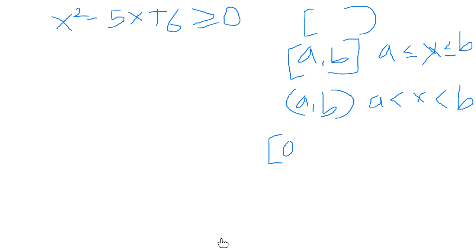And you can have one like this: A is closed and B is open. So x will be greater than or equal to A, and less than B. We call this a half open or half closed interval. Makes sense to you? Okay, good.